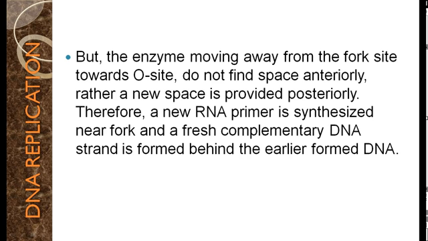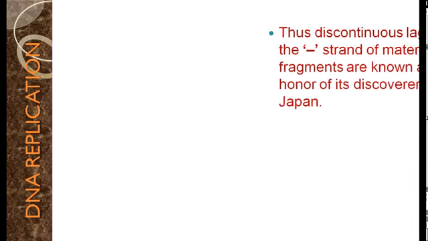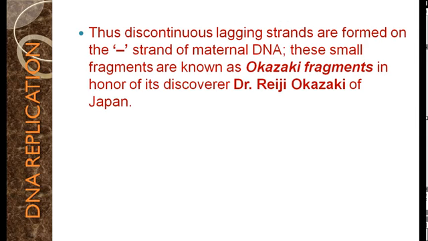The empty space is formed behind this strand near the fork, and therefore a fresh RNA primer is synthesized near the fork and a fresh complementary DNA strand is formed behind the earlier formed DNA strand. Thus, on the minus strand, discontinuous lagging strands are formed.